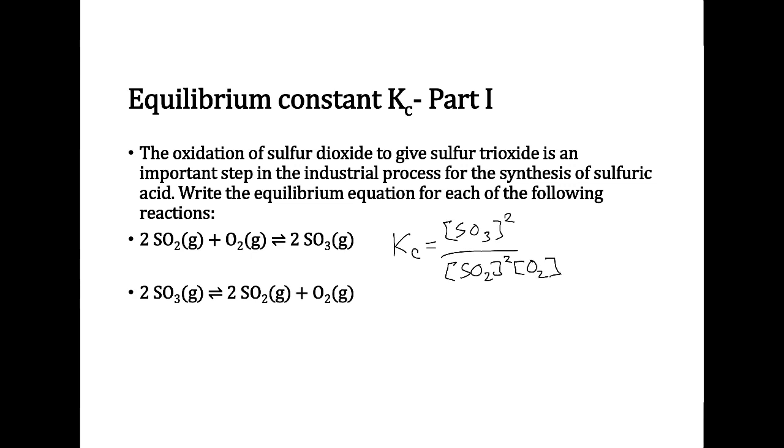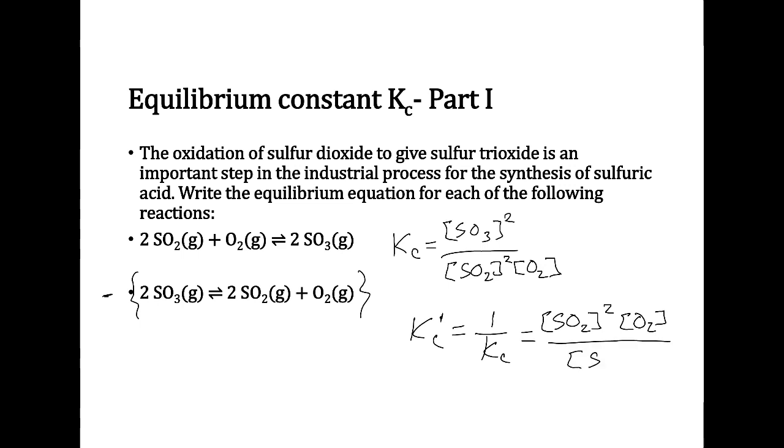This reaction is the same but the opposite direction, so we can write Kc prime is equal to 1 over Kc, or in this case, if we want to actually show it, we'll have the concentration of SO2 squared times the concentration of O2 over the concentration of SO3 squared.